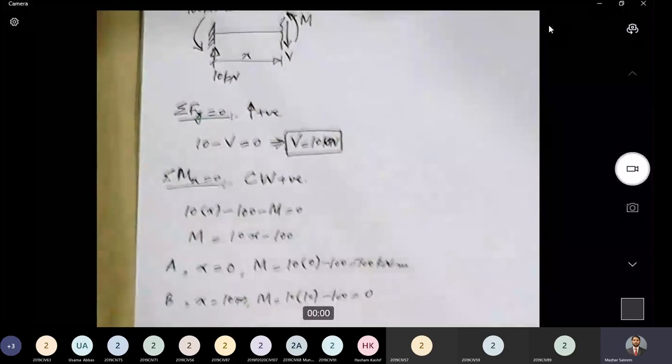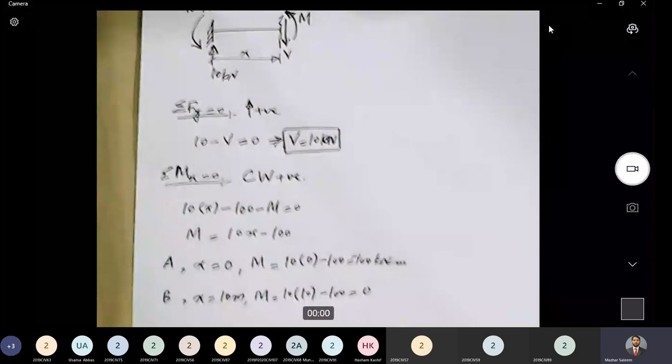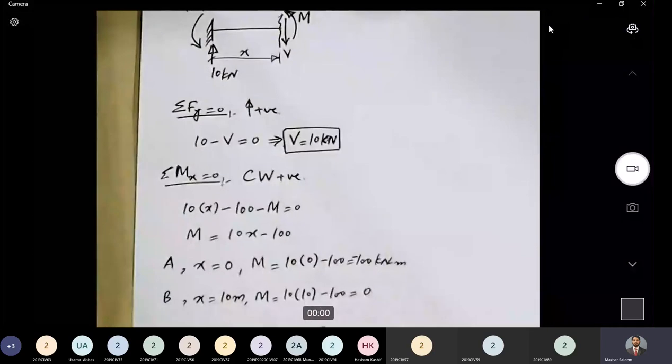Now, here is an important point to note. Just like hinge support, external hinge support and roller support, the moment at a free end will also be equal to 0, unless there is an externally applied point moment. So the value of moment at the free end will always be equal to 0 unless there is an applied point moment at this point.